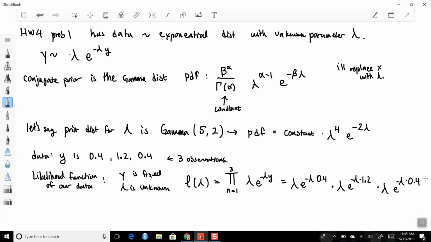That's the total probability of my data. I can combine these, and I'll have lambda to the third and e to the negative, adding all of these up, I think negative 2 lambda. So this is my likelihood of lambda.